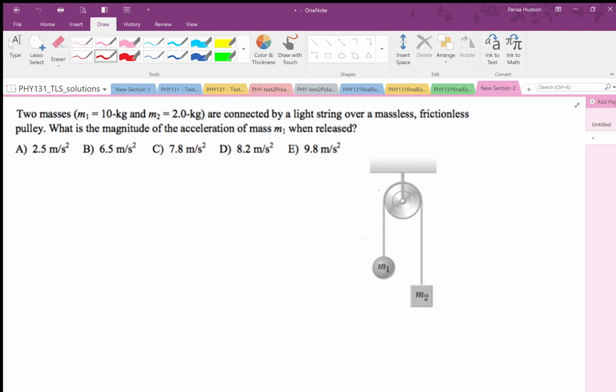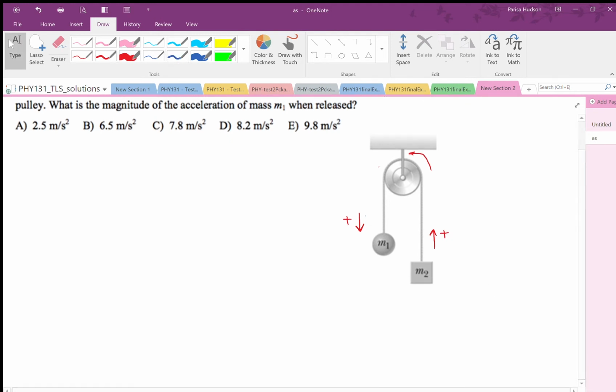Because m1 is heavier than m2, m1 is going down and m2 is going up. Therefore, the system is moving counterclockwise. So for m1, the positive direction is downward, and for m2, the positive direction is upward.